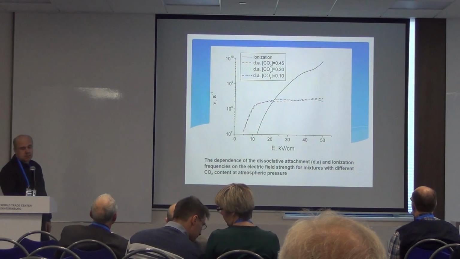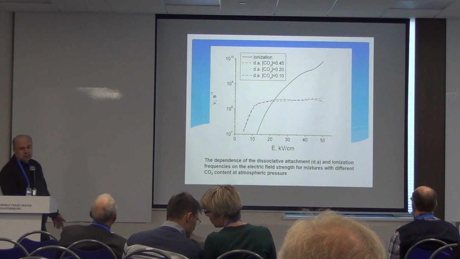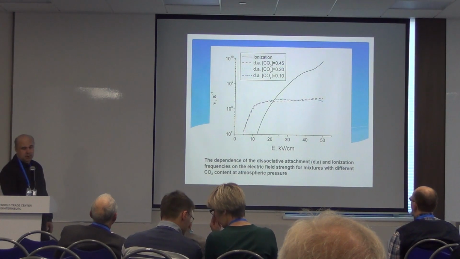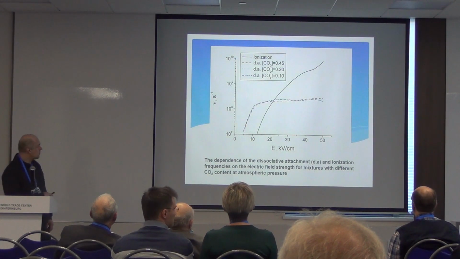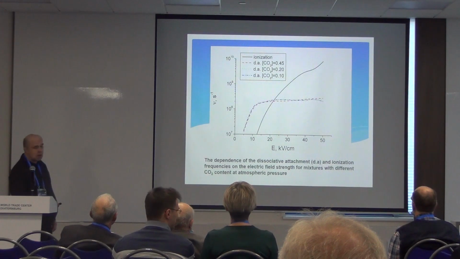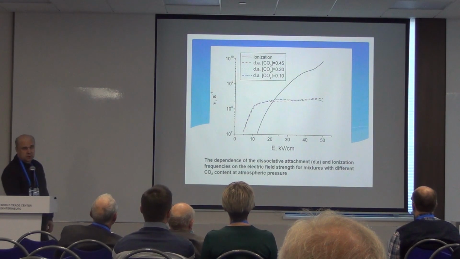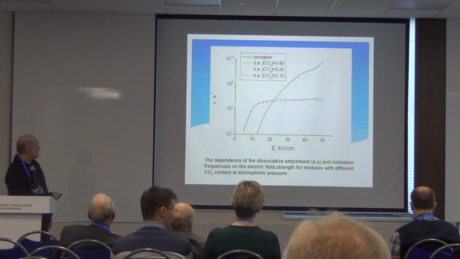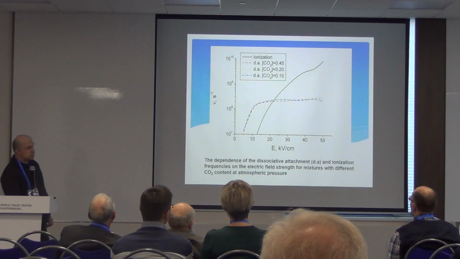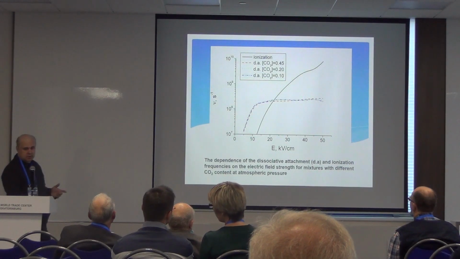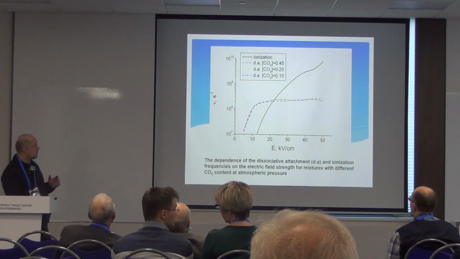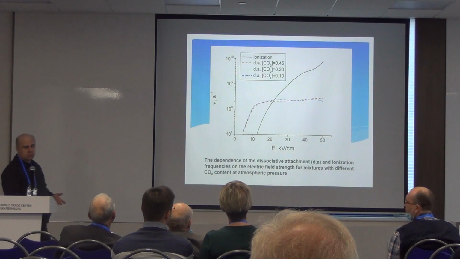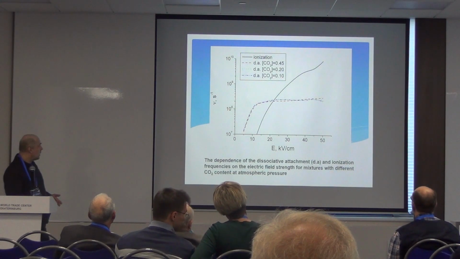In this slide we see the constants of dissociative attachment for two mixtures: this mixture, the mixture with CO2 and air 50-50, and the mixture with addition of CO2 of 10%.